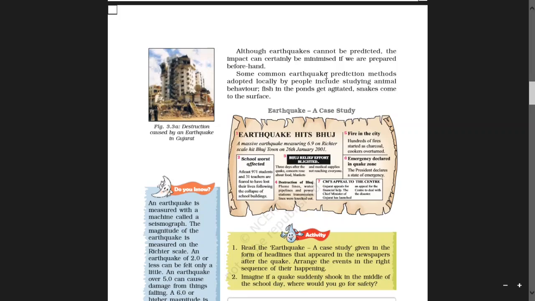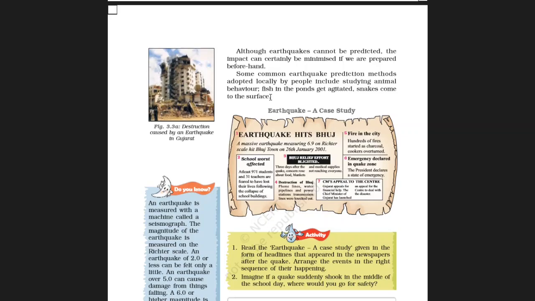Some common earthquake prediction methods adapted locally by people include studying animal behavior. Fish in the ponds get agitated. Snakes come to the surface. Prediction here means forecast.